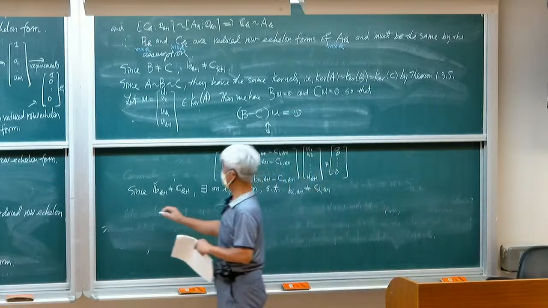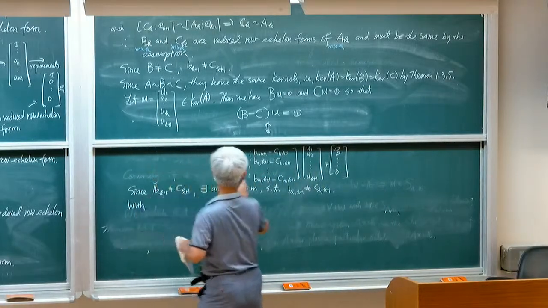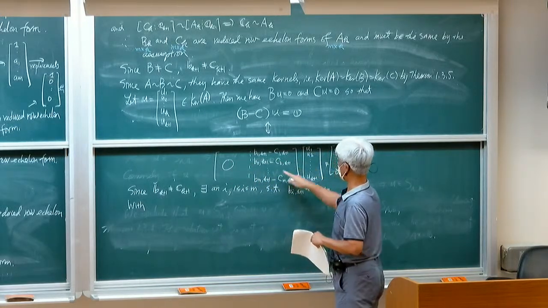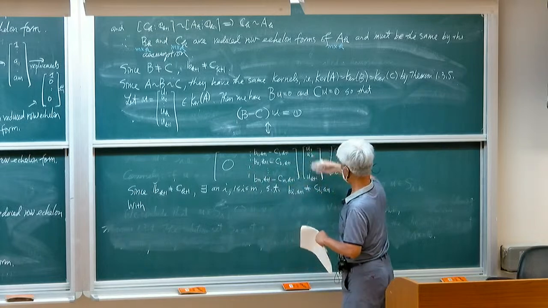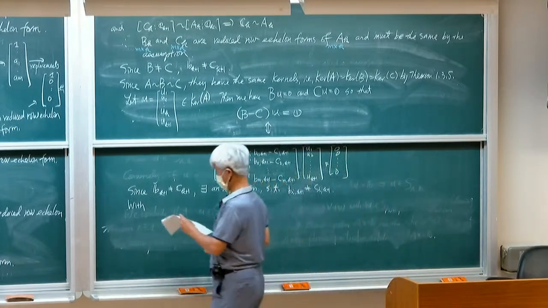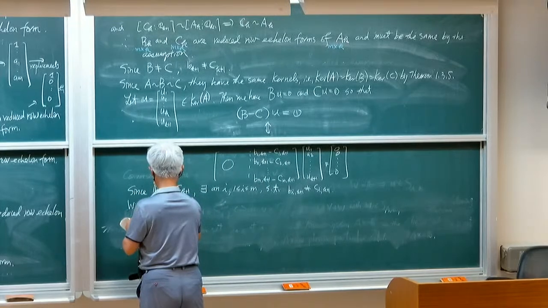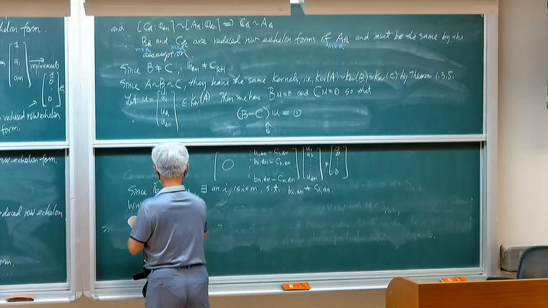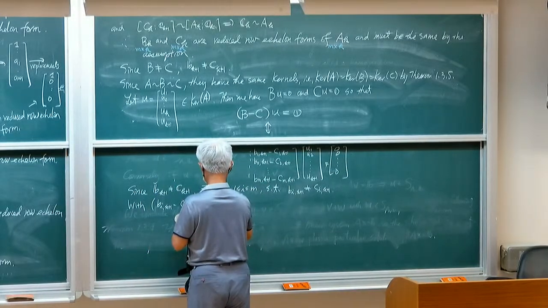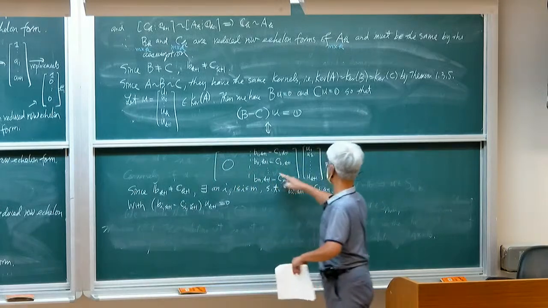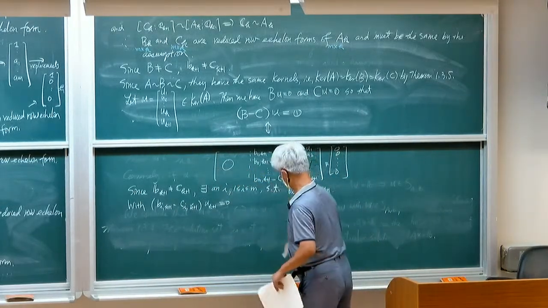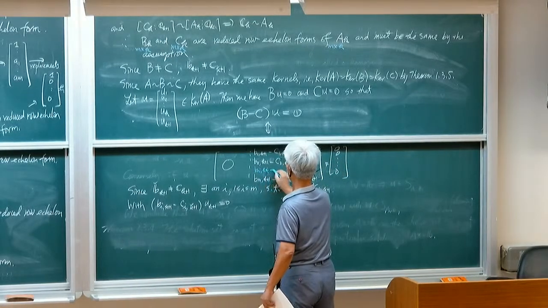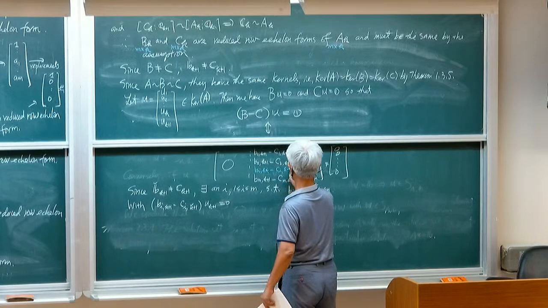Okay, so the last entry of the ith row is non-zero, and when we multiply with this column vector, we find that (b_{i,k+1} minus c_{i,k+1}) times u_{k+1} equals 0.